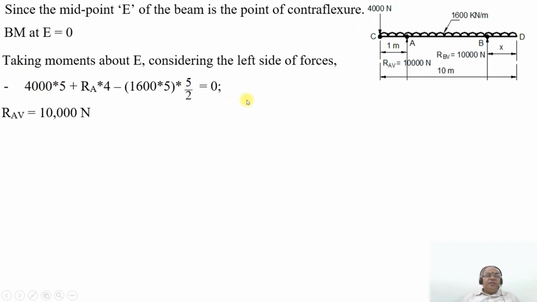On simplification, RAV will be equal to 10,000 Newton.